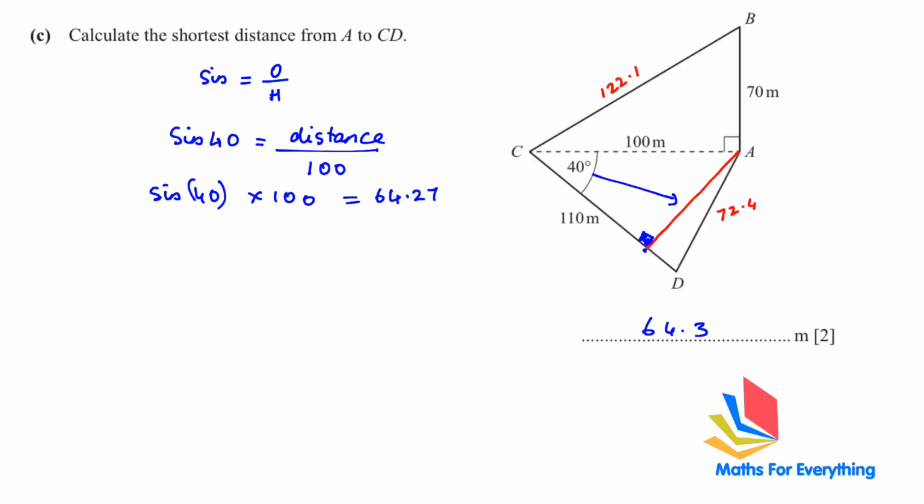I hope you know all your trig identities. Sine is equal to opposite over hypotenuse. Cos is equal to adjacent over hypotenuse. And tan is equal to opposite over adjacent. Very important, you need to know them.